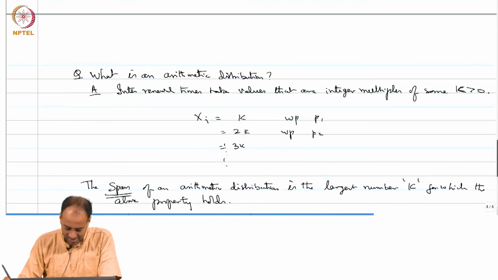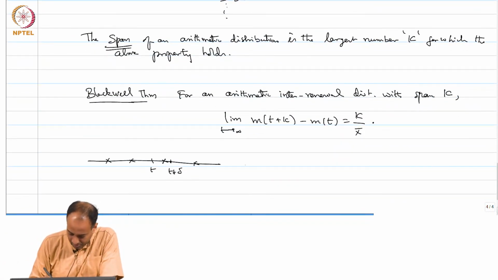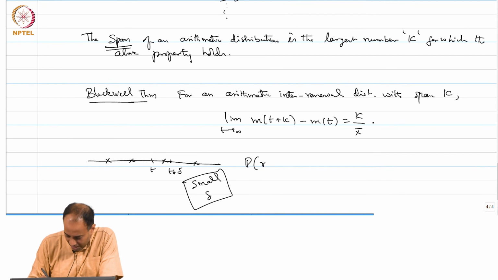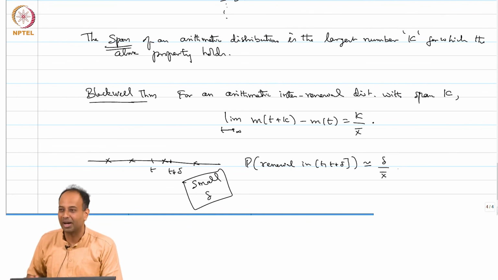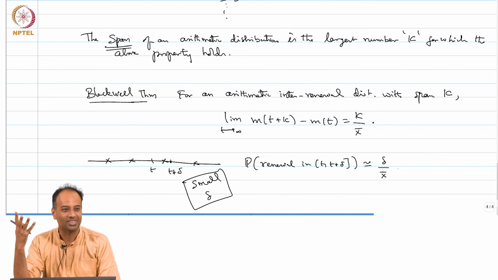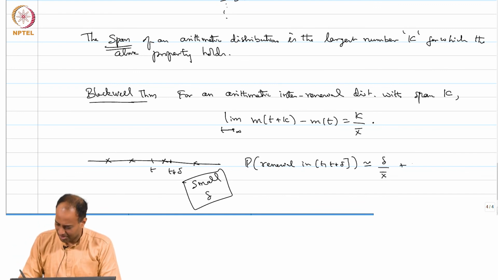So, what Blackwell is saying is that, let us say small delta, the probability of having a renewal in t comma t plus delta is roughly delta over x bar. It is lambda delta, lambda is 1 over x bar, lambda is the rate of the process, plus some little o delta terms.